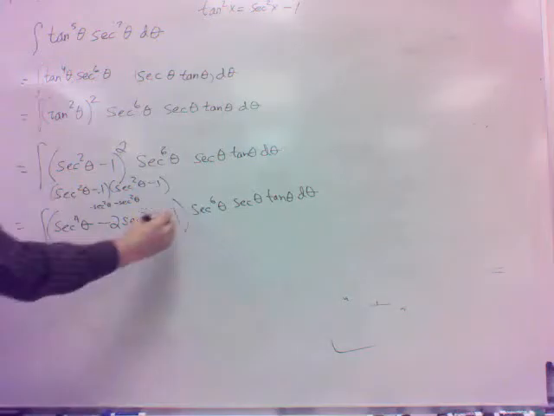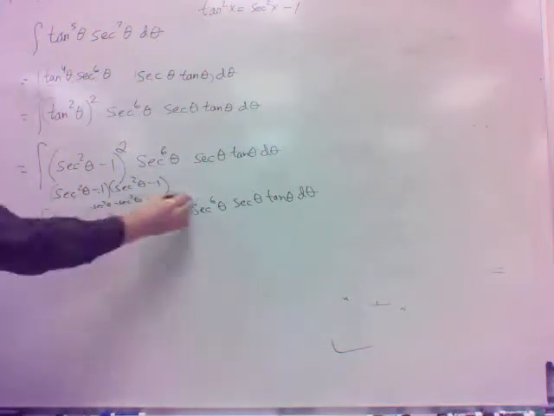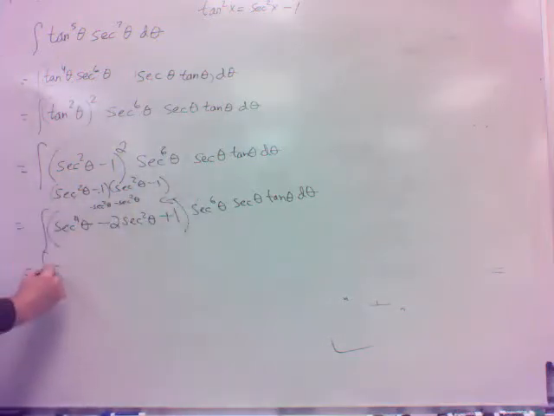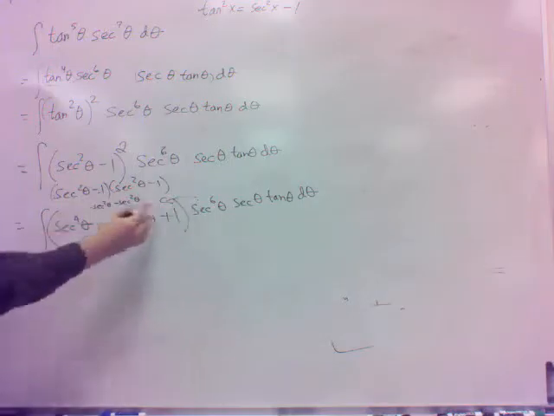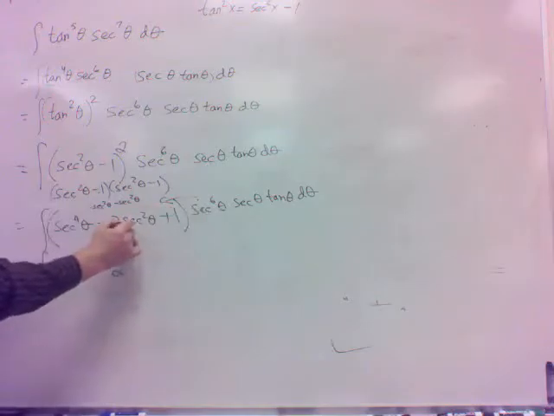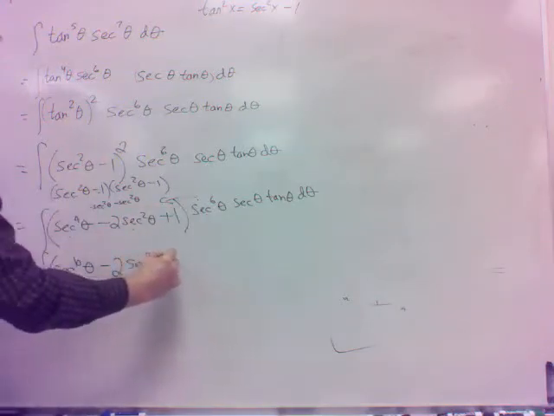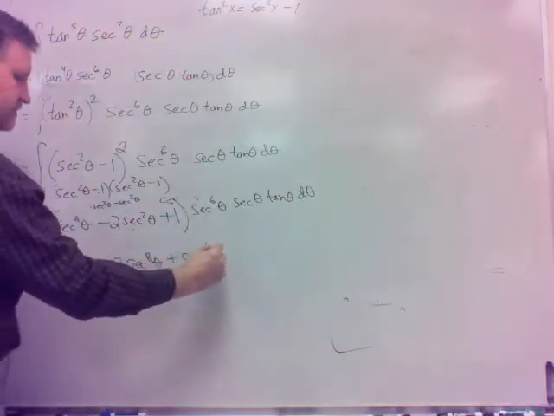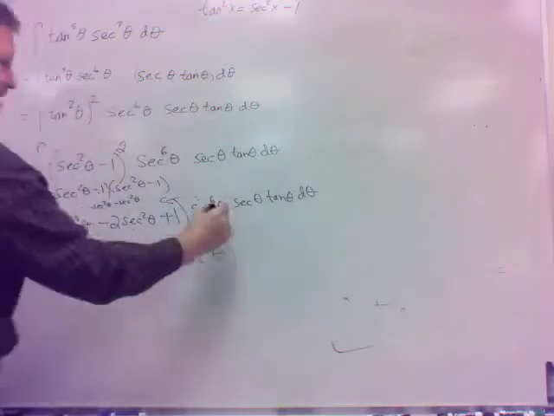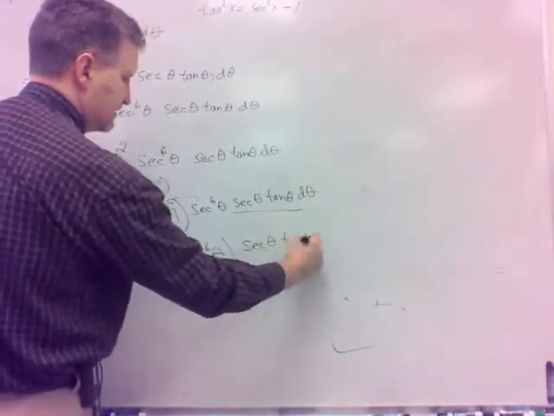Let's make it a little bit shorter, because then what do you think? Distribute the secant to the 6th. Okay, so that would be the integral of secant to the 6th times secant to the 4th, which is secant to the 10th, minus 2 secant to the 6th times secant squared, which is secant to the 8th, plus secant to the 6th. Then times this secant theta, tangent theta, d theta.